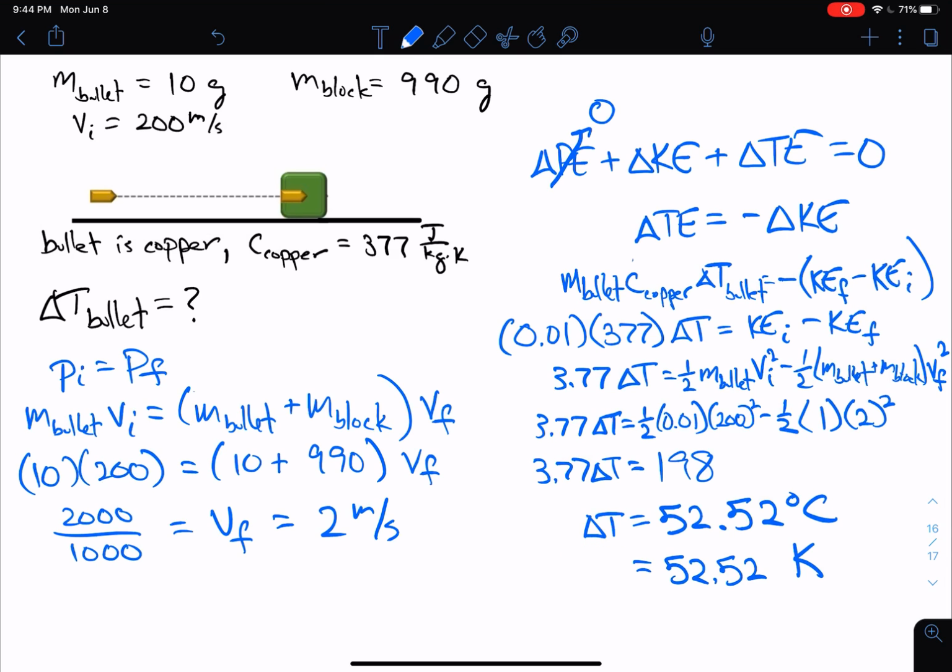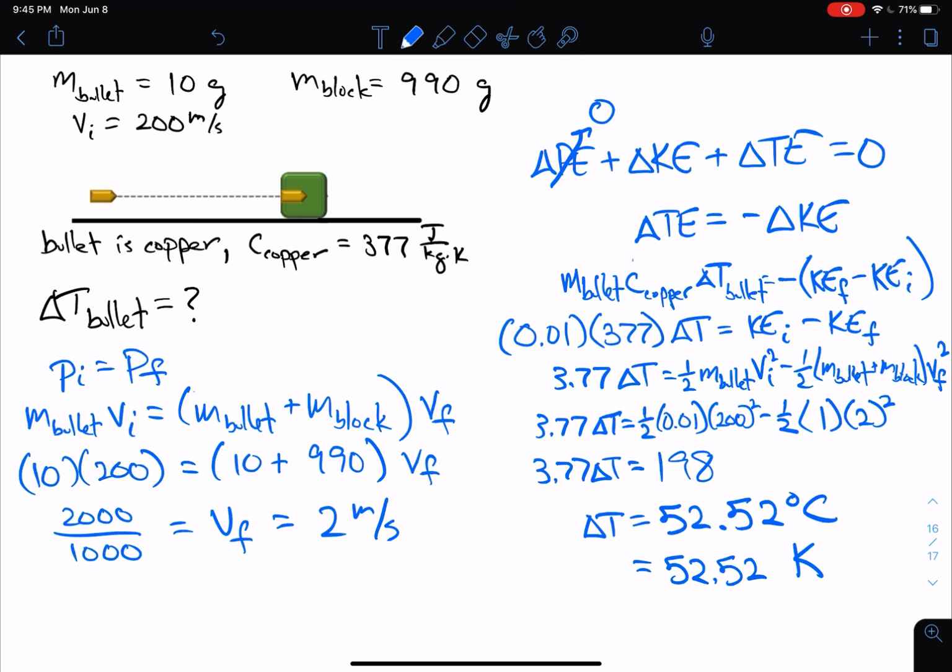When you're talking about temperature change, a change of 1 degree Celsius is the same as a change of 1 Kelvin. So as long as you're talking about temperature change, it doesn't matter if you put Celsius or Kelvin. It only matters if you're talking about the actual temperature. I'm not saying the actual temperature of the bullet is 52.52 degrees Celsius, nor 52.52 Kelvin. I'm saying the temperature changed by this much. Thus, we can use degrees Celsius or Kelvin.